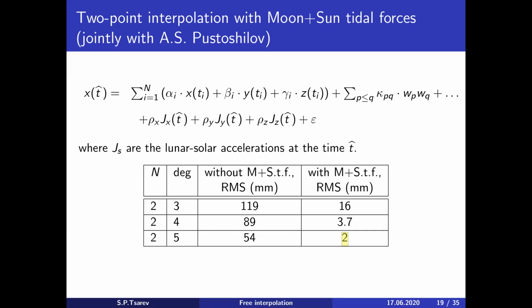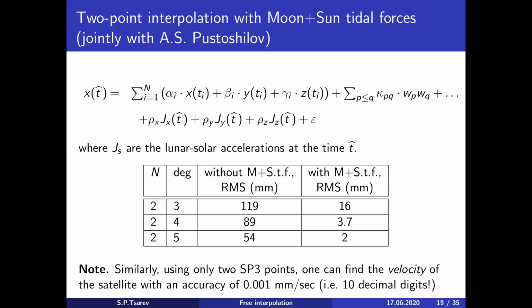And if someone trains our model and obtains such coefficients alpha, betas, gammas, kappas, and rhos, and communicates them, it's just a number of constant coefficients, and anyone can use them to obtain the necessary millimeter precise position of satellites between the 2 points without solving any differential equations, formally speaking. On the training stage, we need differential equations to restore trajectories and train our model. But for users, it's not necessary.